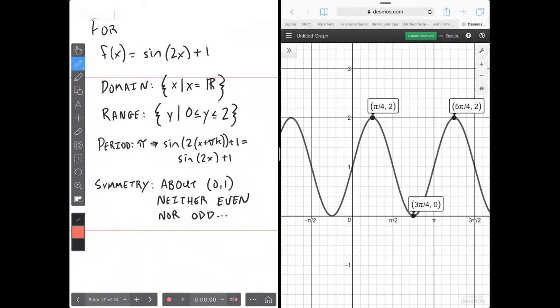Why is that neither even nor odd? Well, even symmetry is about the y-axis, and odd symmetry would be about the origin, 0, 0.